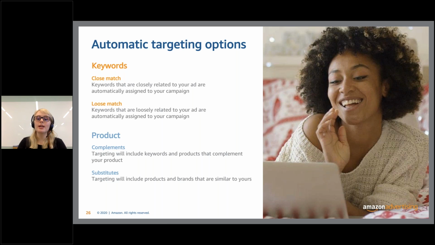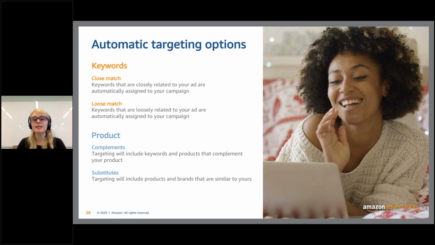So with close match, keywords that are closely related to your ad are automatically assigned to your campaign so that your ad may be shown to shoppers who are using search terms that closely relate to your products. Loose match, on the other hand, adds to your campaign targeting keywords that are loosely related to your ad, so it may show to shoppers who use search terms that are loosely related to your products.